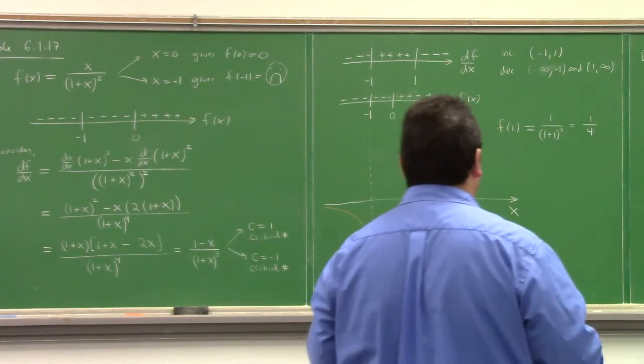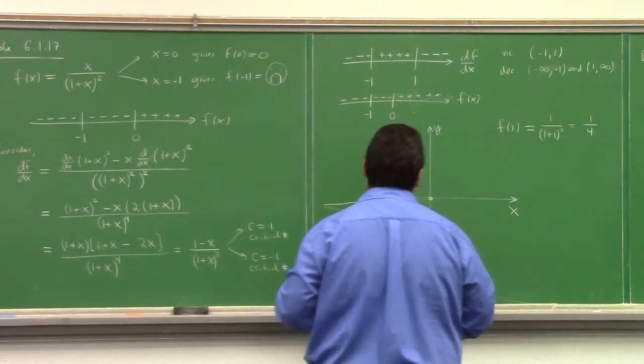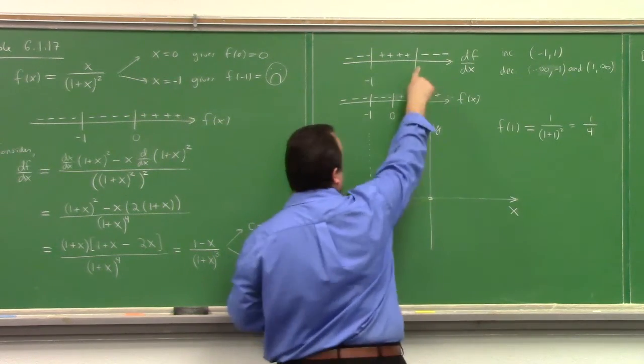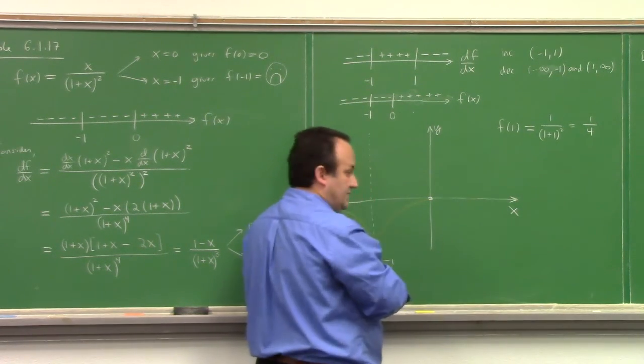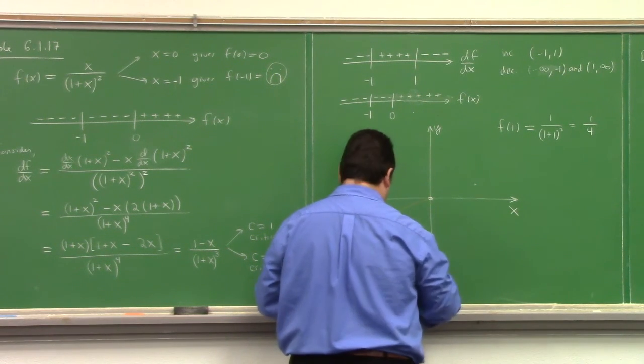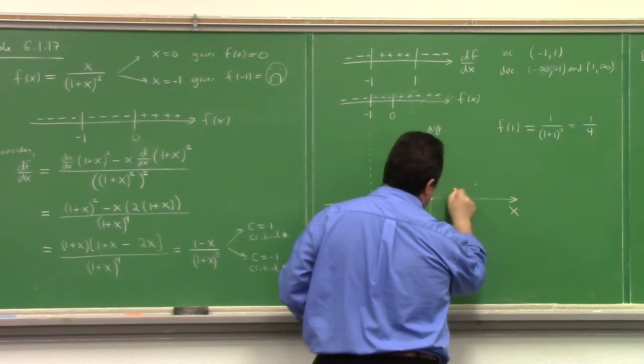Well, the derivative is going from plus to minus. It's a local max. So if we get over here to 1, go up like a quarter, it's got to do something like that.